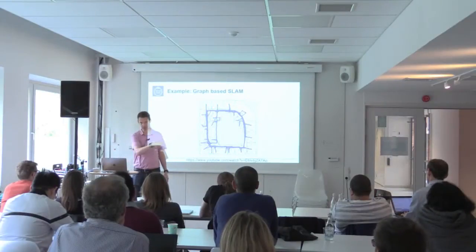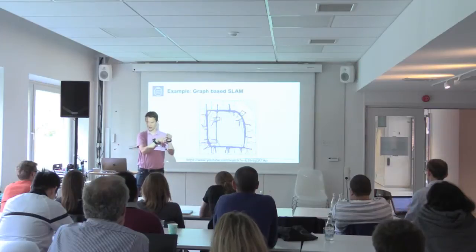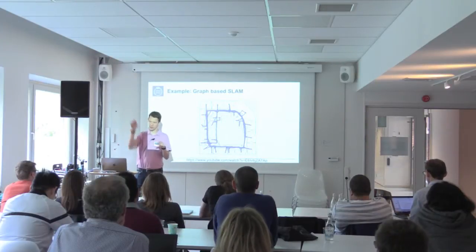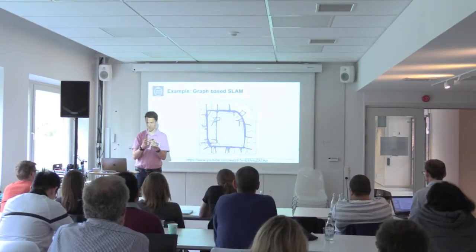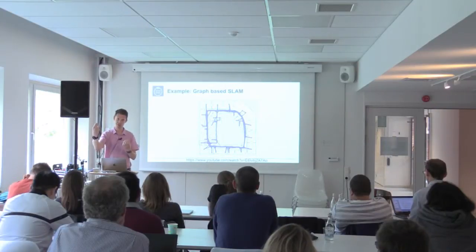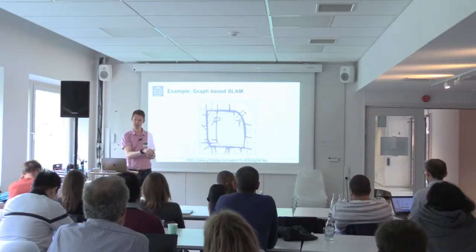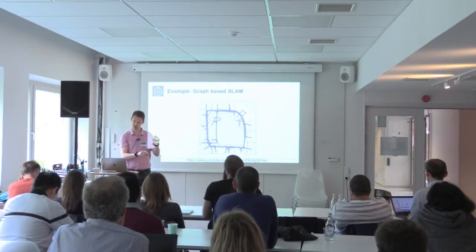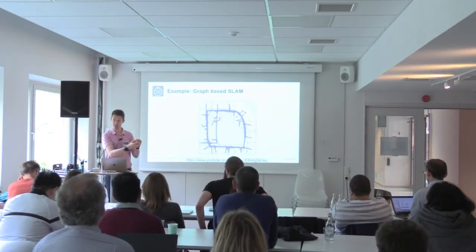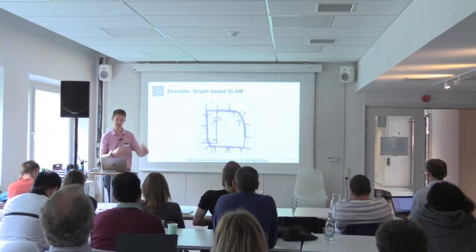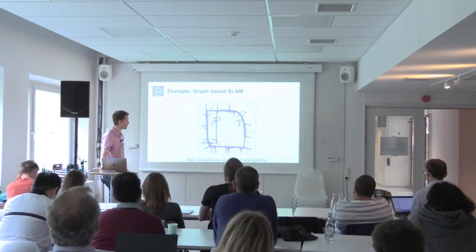Imagine a car driving around a big loop and then coming back. All the way around that loop, it's only going to be able to use essentially dead reckoning to see how it's moving. But when it comes back to the same position, if it's able to associate that position with the starting position, it can get a globally consistent map from that.